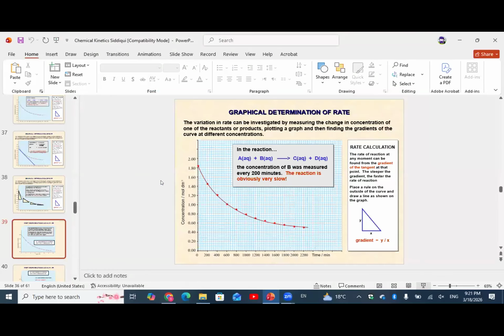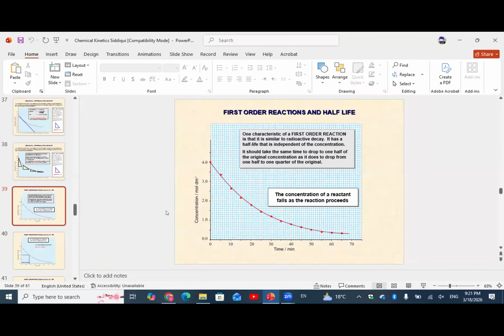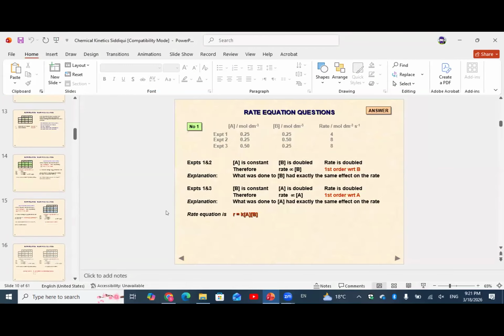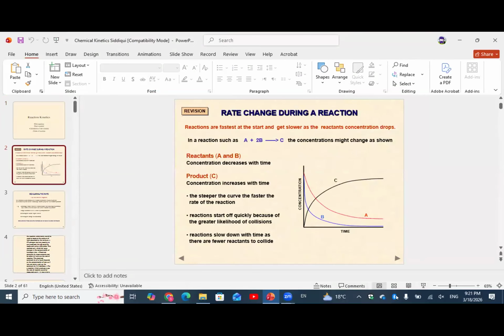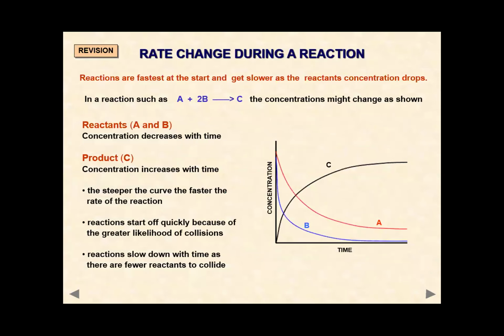So I just wanted to show you these two, three pictures, and one more picture right in the beginning. This one. So have a look here. Rate change during a reaction. You can see a few lines on the graph. If you check A and B, the red and the blue lines, they are going down, and the C line is going up in the form of a parabola.